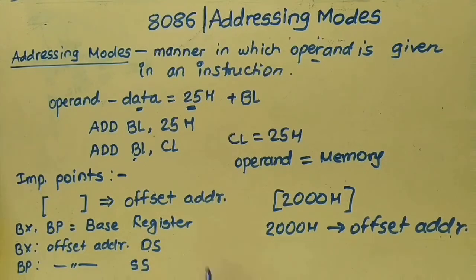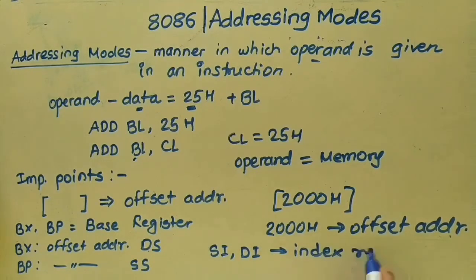Then SI and DI are the index registers. These base registers decide the segment to be operated, meaning on which segment the operation has to be performed is decided by the base register.